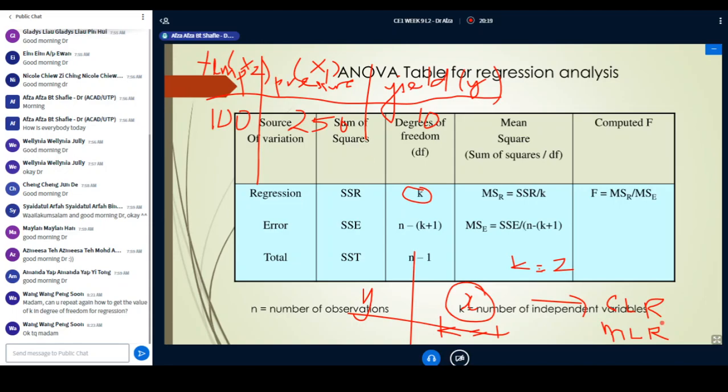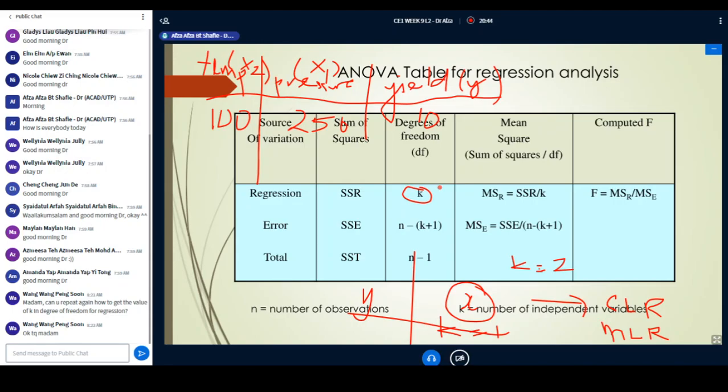Then that gives us the multiple linear regression. That means we have more than one independent variable. But for now, we are focusing on the simple linear regression first. So our K here will always take up the value of 1.